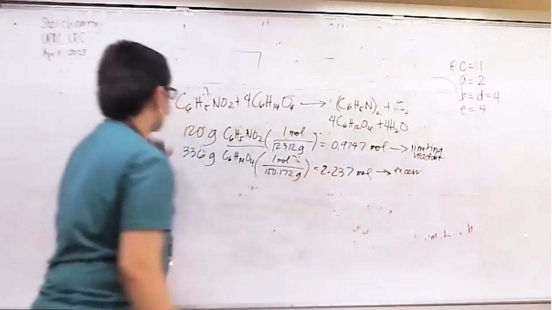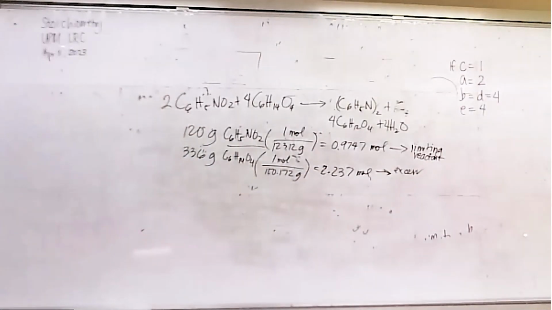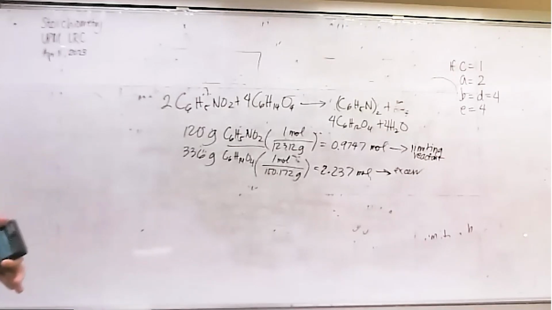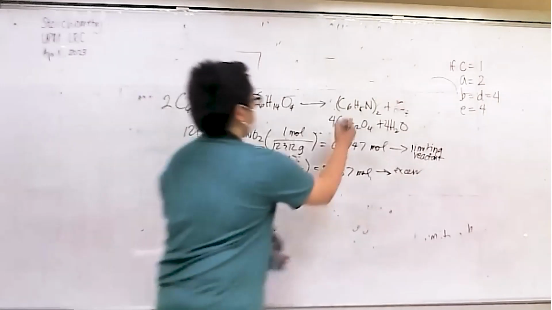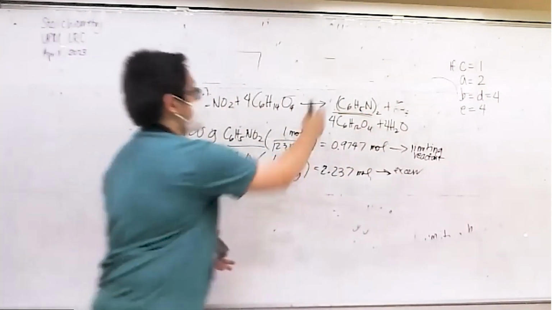So now, since ito yung limiting reactant, ito yung convert natin to the percent yield. Ito yung makukuha ng theoretical yield natin. Okay, so from the theoretical yield, what we want actually is azobenzene, this one. Kasi nga, ang binigay sa ating actual yield is azobenzene.